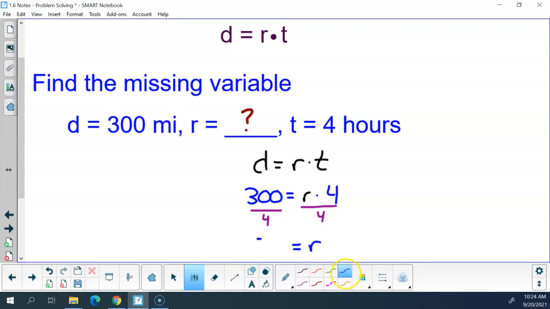What was that? Well, you tell me. It's a rate, right? So that means it's a speed, and our units are miles per hour. So our answer here would be 75 miles per hour.